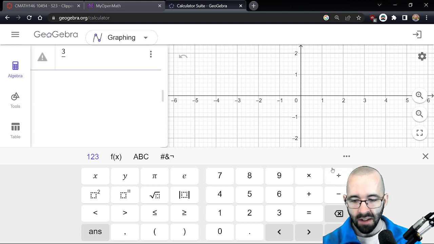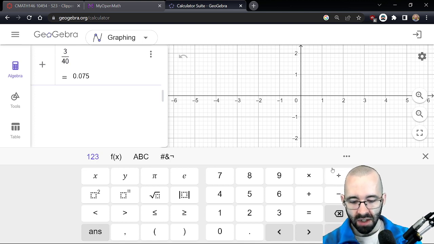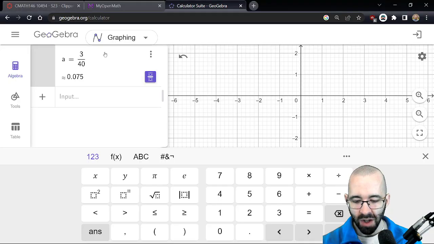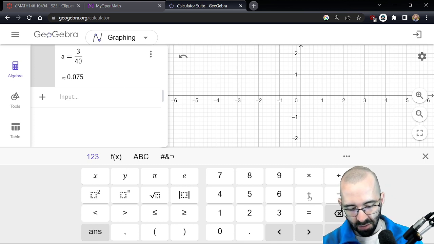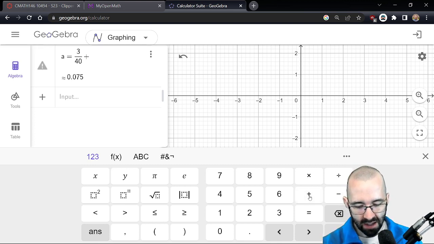There it is right there. 3 over 40, press the right arrow key, or you can click this button to get out of the denominator, and then plus 21 over 40. So you can either press the plus sign on your keyboard or click it down here. Plus 21 divided by 40. Make sure it looks right.